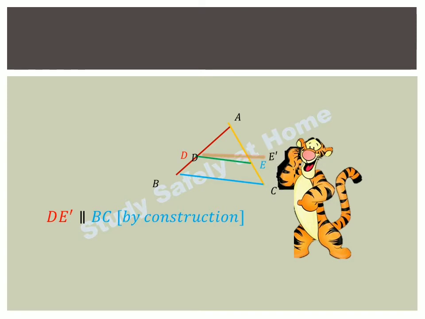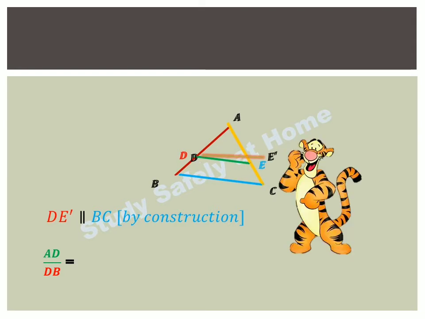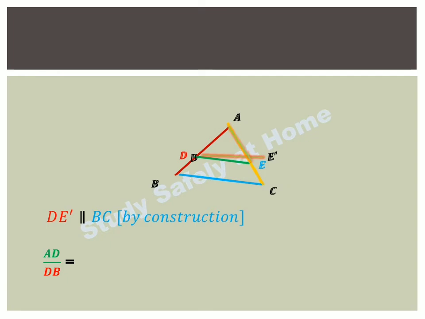With that, we can say AD divided by DB is equal to AE dash divided by E dash C, because of BPT.